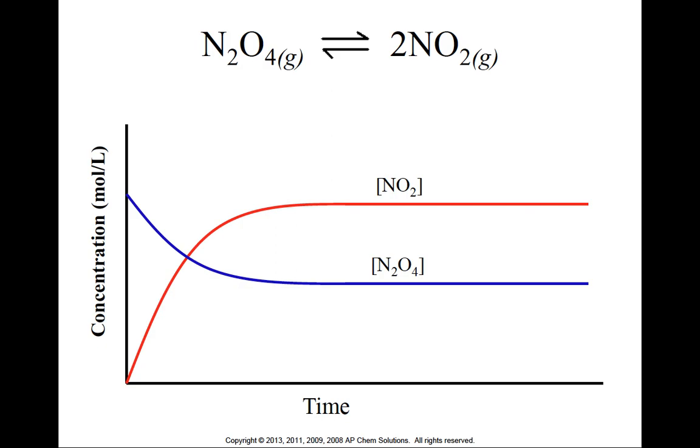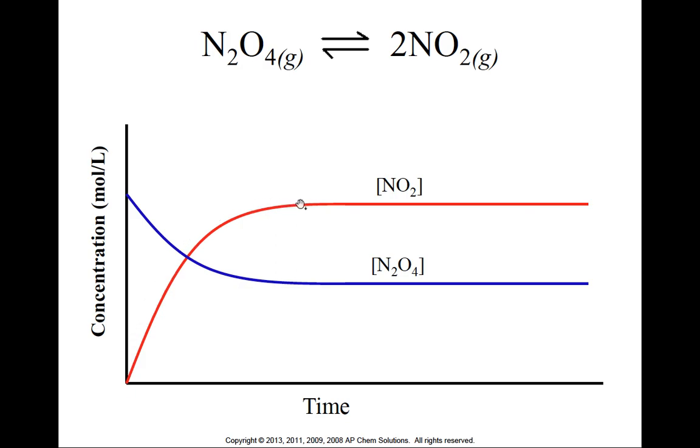So looking at this, if we started off with 0 nitrogen dioxide, and we started off with only dinitrogen tetroxide right here, eventually as this reaction proceeds from reactants to products, the amount of our reactant is going to decrease, the amount of the product is going to increase.